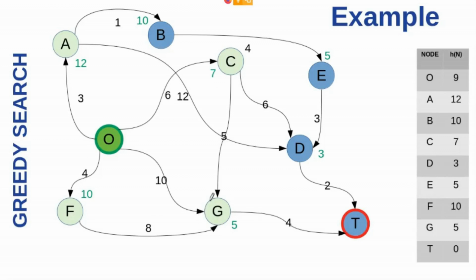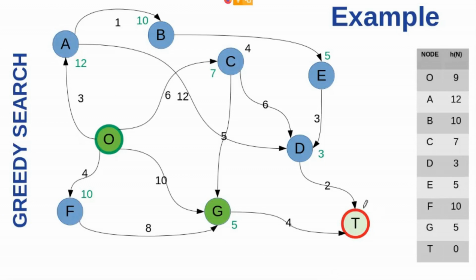G is only 5, C is 7, and then we have 10, 12, 10, so nothing to do with the optimal solution, right? According to this greedy search algorithm, we will choose G, obviously.